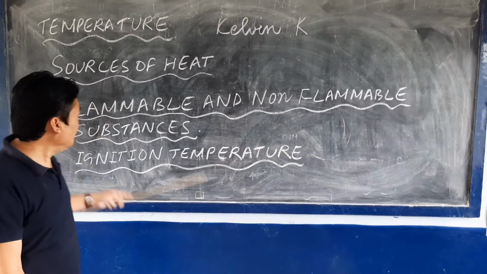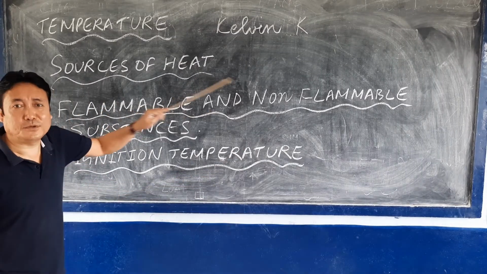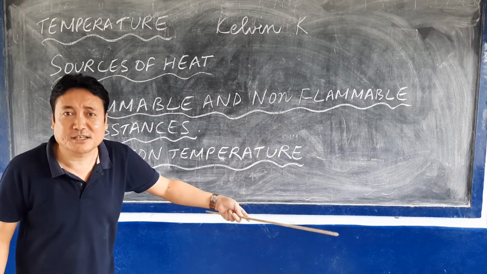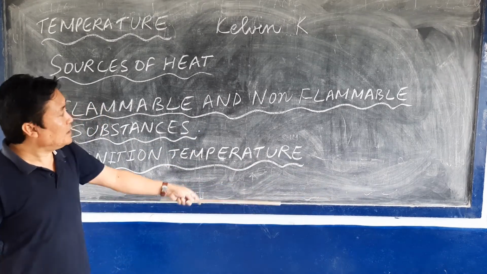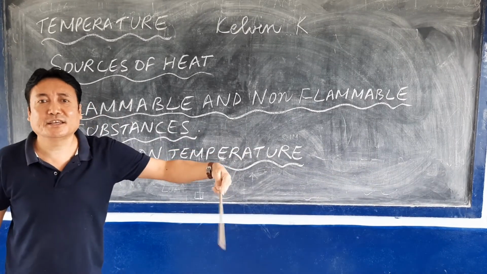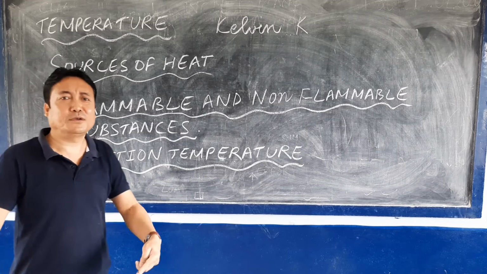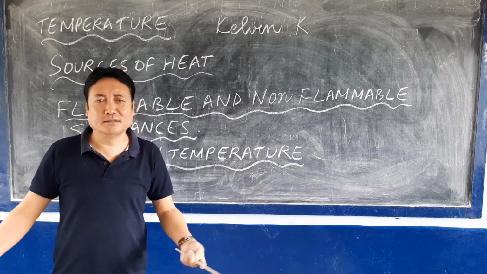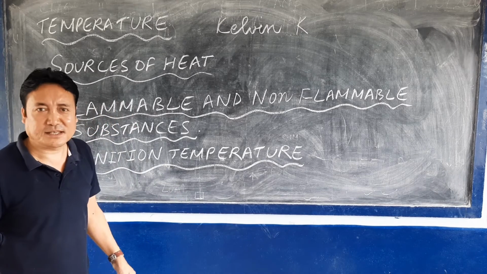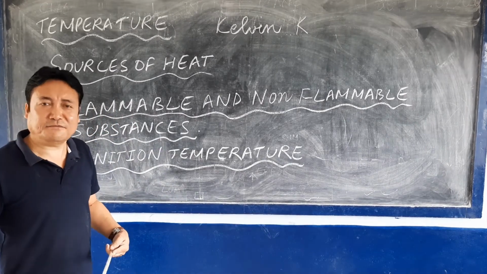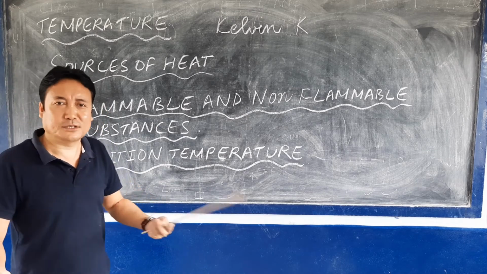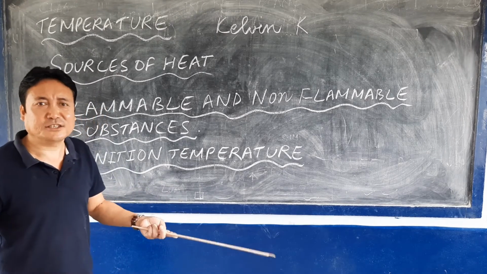Now the other type is non-flammable: those substances which cannot catch fire. Examples are iron, metals, stones and ceramics. You can store these non-flammable substances without any precaution or fire extinguishers, because they don't catch fire.